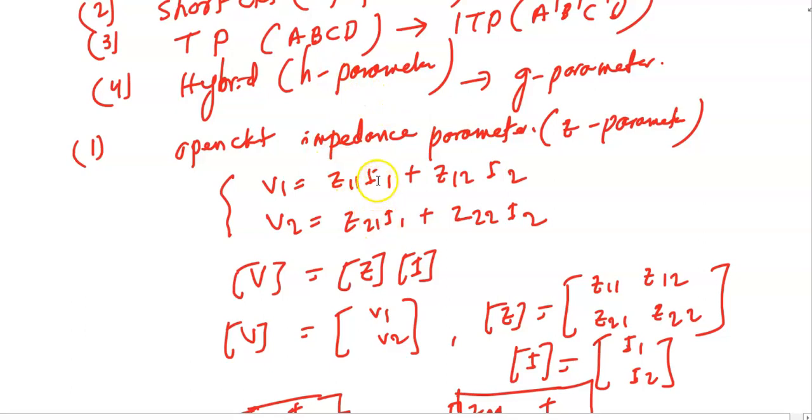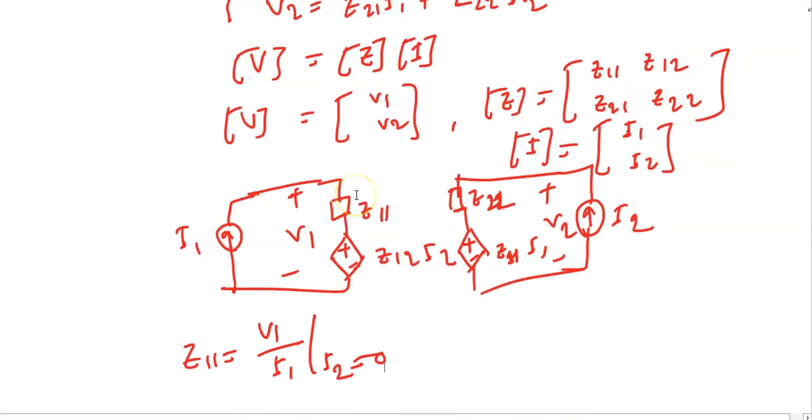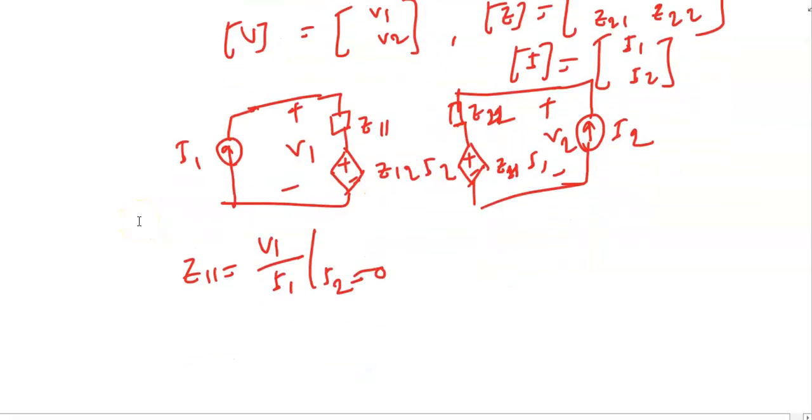Similarly, when I1 is 0, you can calculate Z12. How can you make I1 zero? Simply by making port 1 open circuit. So alternately, you make open circuit of one port and measure the associated parameters. Similarly, open the other port for the associated parameters. In this way, you can find the four parameters which completely characterize the given network.